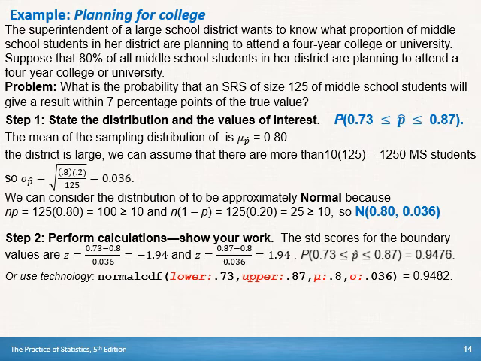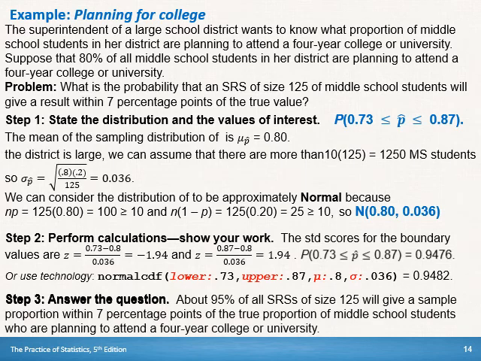And the last thing we want to do is simply answer the question. About 95% of all the SRSs of size 125 will give a sample proportion within 7 percentage points of the true proportion of middle school students who are planning to attend a 4-year college or university.